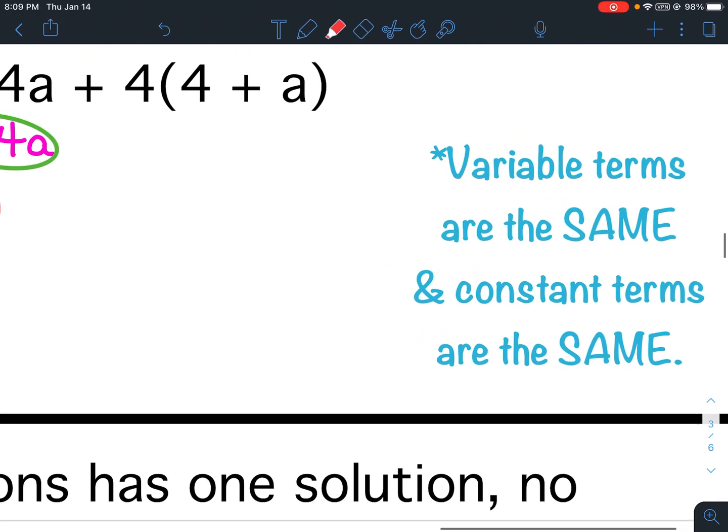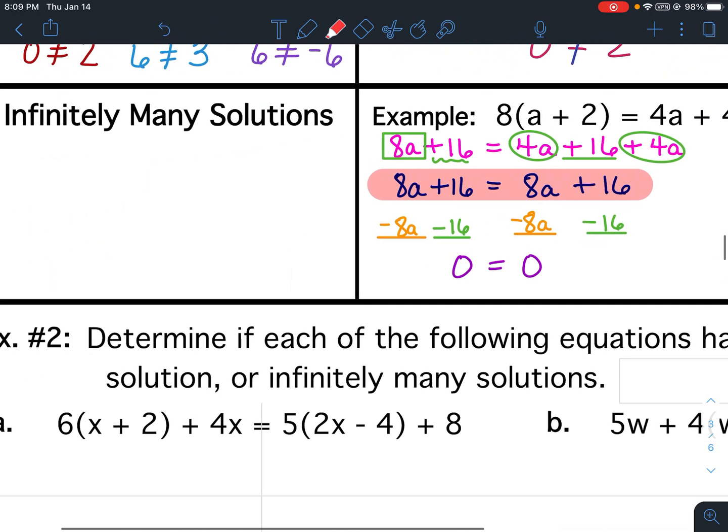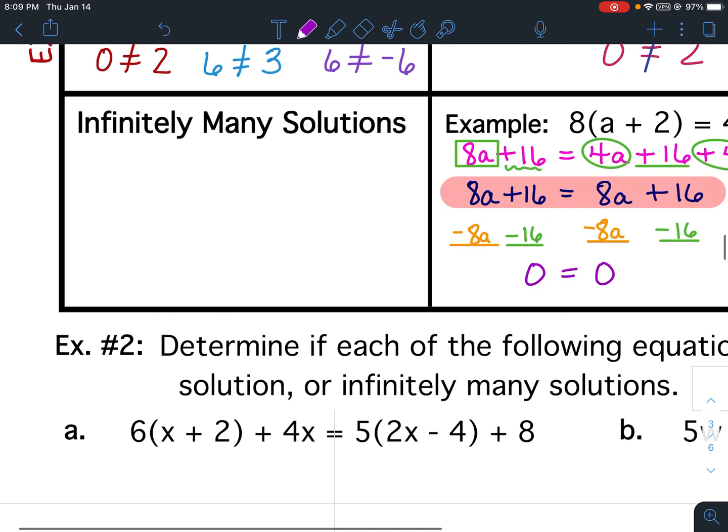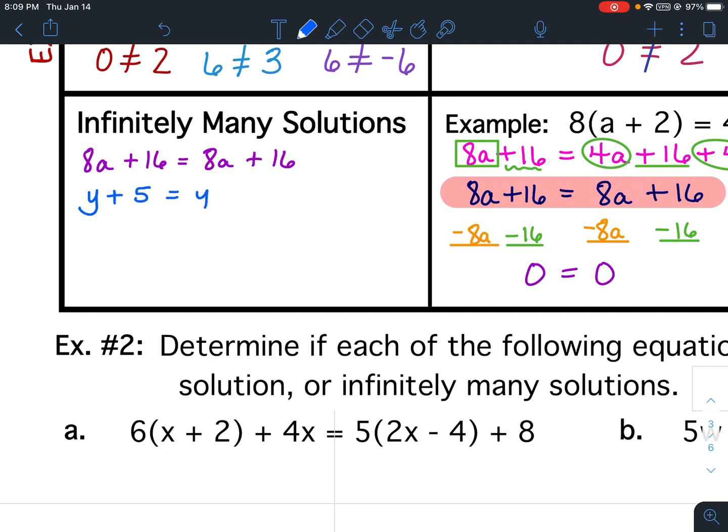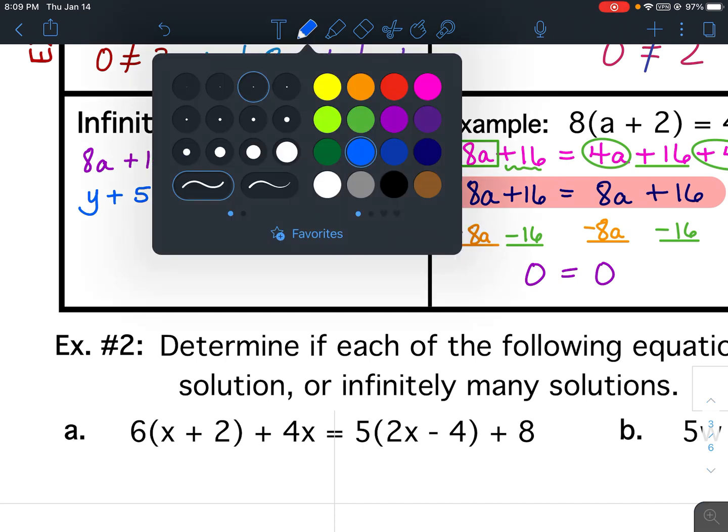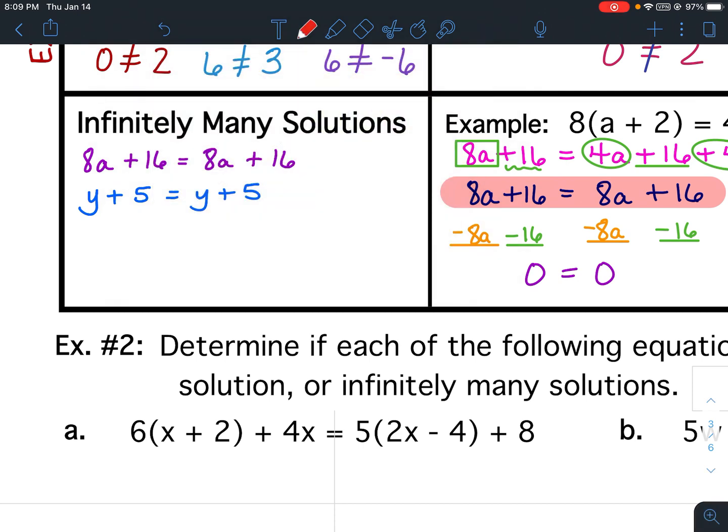All right, so let's write some examples. Let's start with our problem that we did on the right. So let's start with 8a plus 16 equals 8a plus 16. How about y plus 5 equals y plus 5? Exact same thing on both sides. Maybe 2z equals 2z.